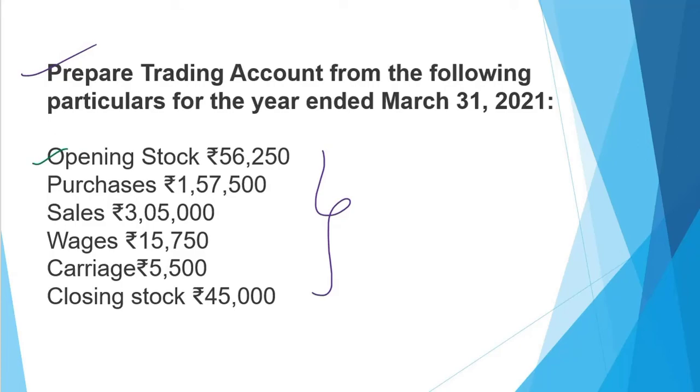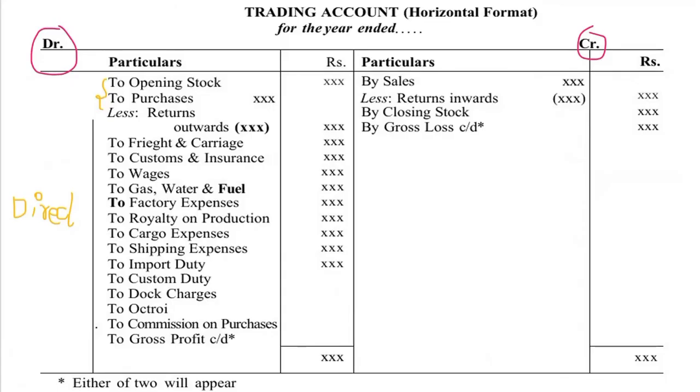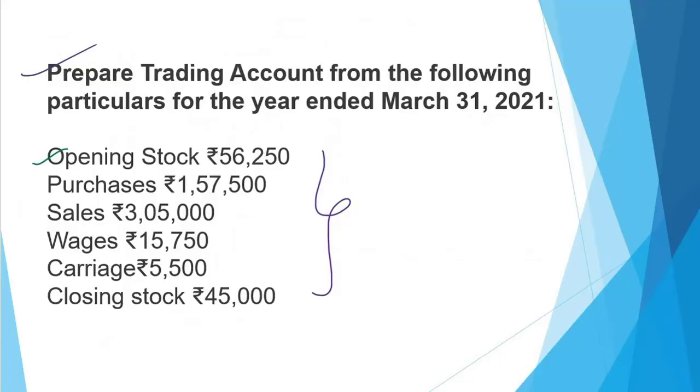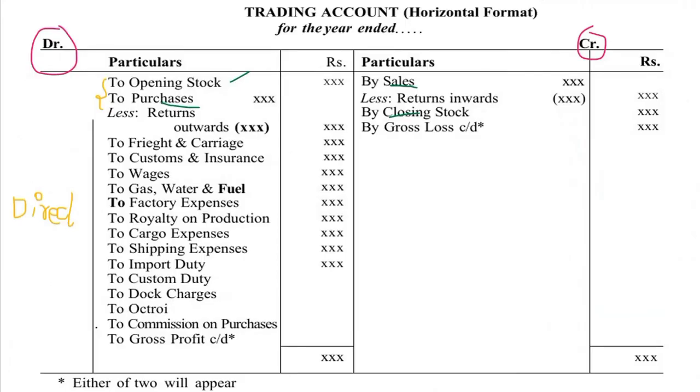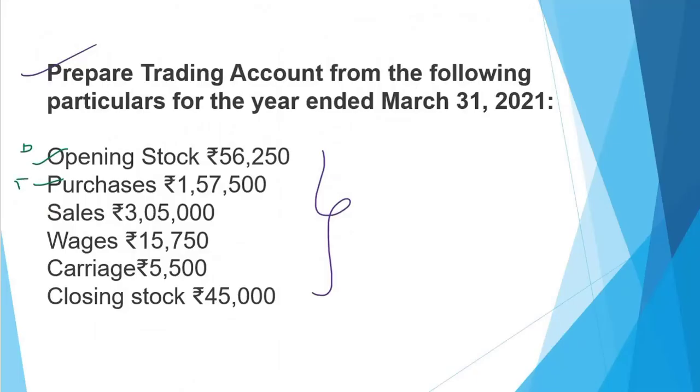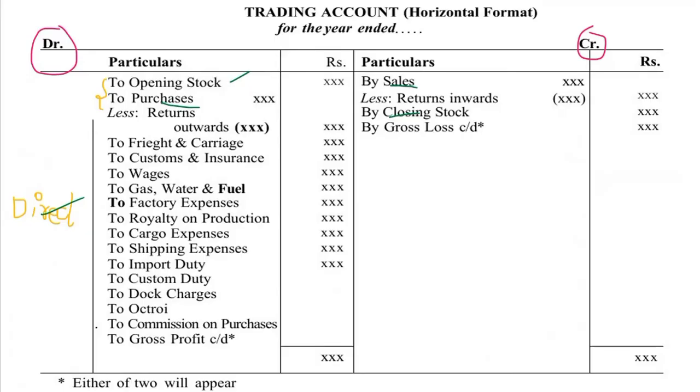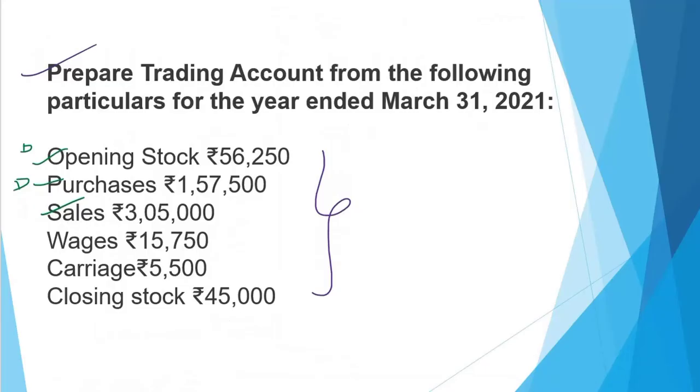So let us see, guys, opening stock. Opening stock comes under the debit side. If opening stock is on the debit side, closing stock is on the credit side. If purchases is on the debit side, sales is on the credit side. Purchases, as we already discussed, is also on the debit side. Then sales will be on the credit side, guys.